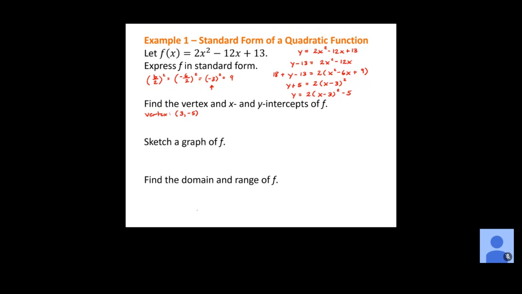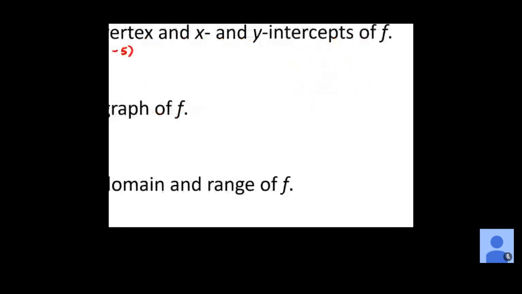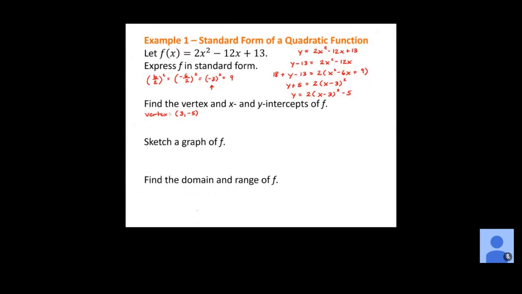All right, now we want the x and y intercepts. Okay, so if you remember, to find an x-intercept, we're going to substitute 0 for y, and we're going to solve for x. I'm just going to plug in 0 here. I'm actually going to substitute it in to my factored form in my standard form over here. So we're going to have 0 equals 2 times x minus 3 squared minus 5.